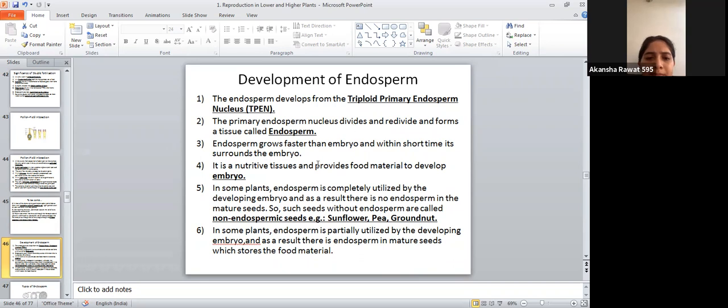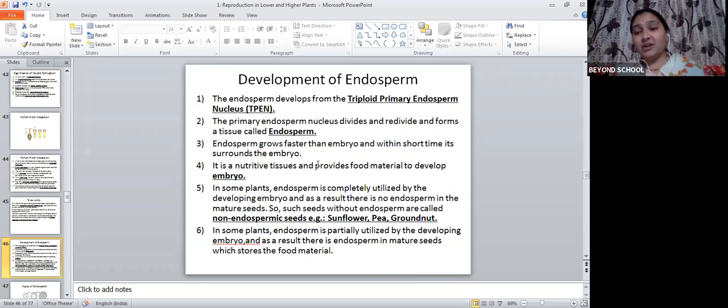Now, the endosperm growth rate is much faster than the embryo, and it grows within a shorter period of time. The endosperm surrounds the embryo.